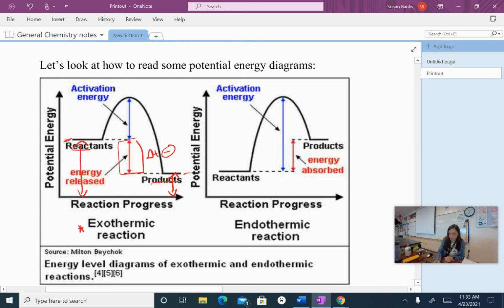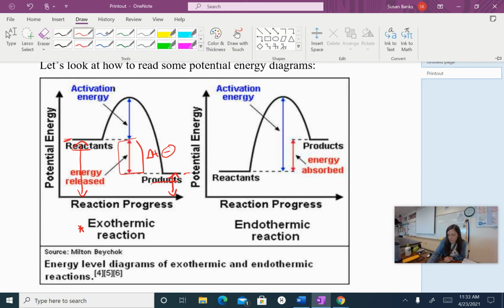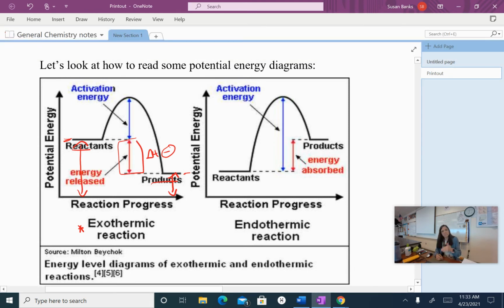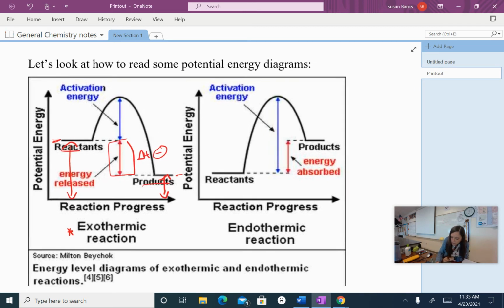We can also measure the activation energy. We talked about the activation energy being the energy that it takes to start breaking the bonds of our reactants and start making the bonds of our products. It's kind of that in-between molecule as we're going from reactants to products. That is always measured from where our reactants are to the top of the energy curve.